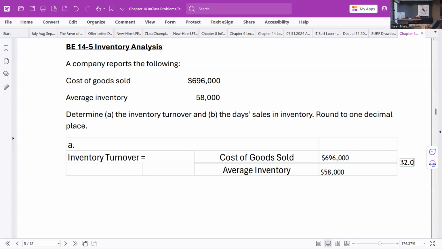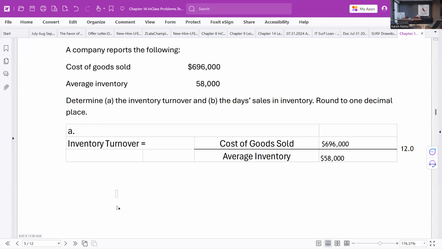Given average inventory of $58,000 and total cost of goods sold of $696,000, that means 12 times throughout the year we sell through that inventory and replenish it. That's what the inventory turnover measure tells us.